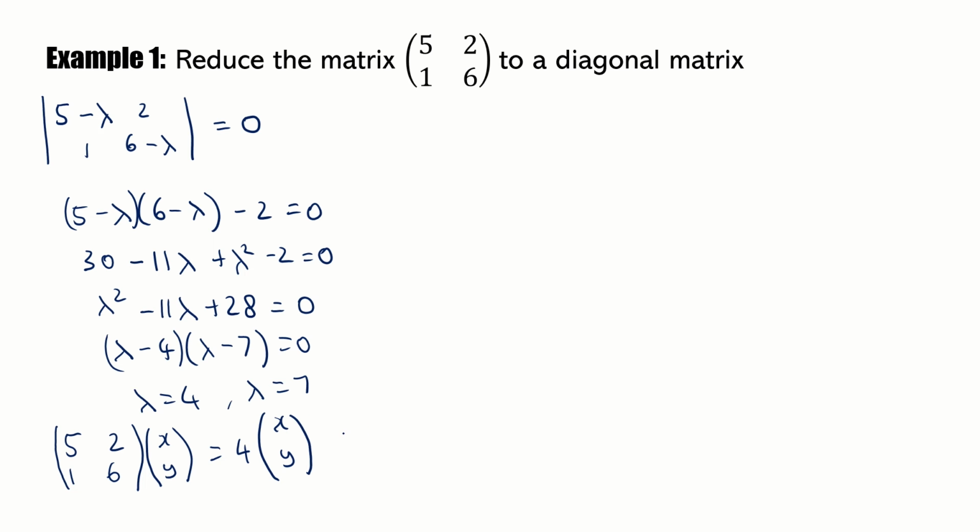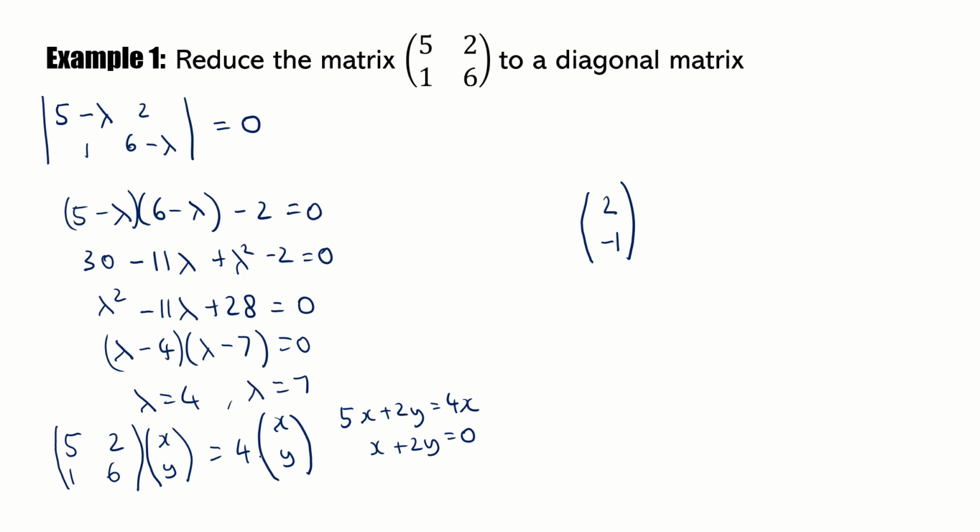So for instance, in this first case, we'd end up with 5x plus 2y is equal to 4x. If you rearrange that, you'll get x plus 2y equals 0. We've then just got to pick any values of x and y that satisfy that relationship. So I'm going to choose x equals 2, because then y just has to be minus 1 in order to make the relationship work.